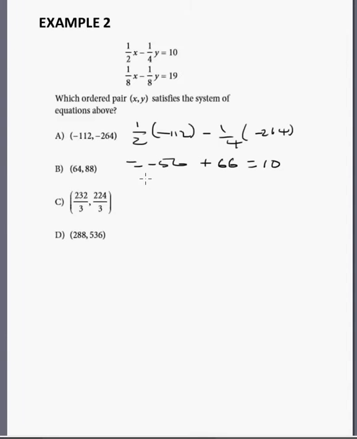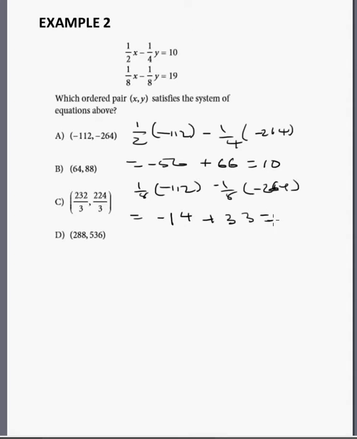Now let's play with the second equation. So I have 1 over 8 times x is negative 112 minus 1 over 8 times negative 264, and this is also 8 goes here is minus 14, minus minus is going to be plus, 8 goes into this 264, it goes into 3, another 24, also 3.